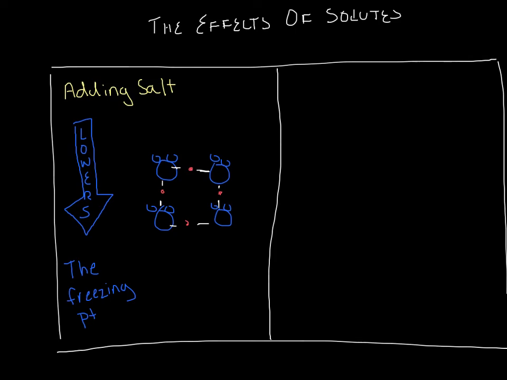So it lowers the freezing point. If it's about to freeze outside, and let's say the temperature is going to get down to 31, 32 degrees, adding salt is going to prevent those water molecules from freezing, because it will have to be a lower temperature than 32 in order for it to freeze.